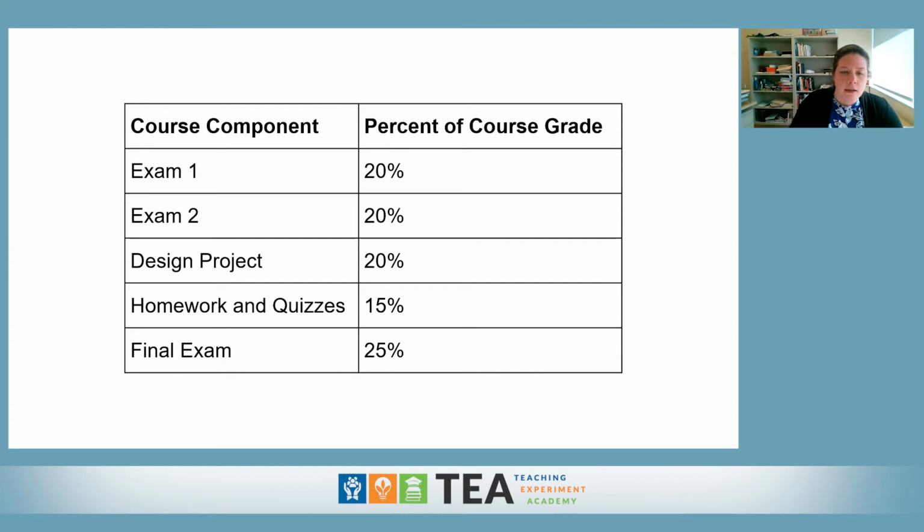I know traditionally in specifications grading, there's the idea of tokens, so students get some limited number of times they can revise and resubmit an assignment. I think that makes sense for things like essays or other assignments that you might do outside of class time.